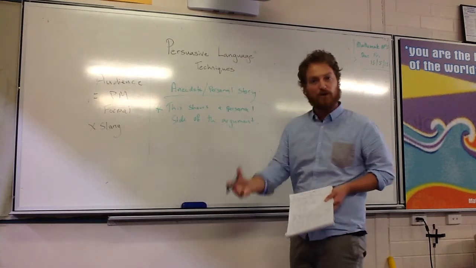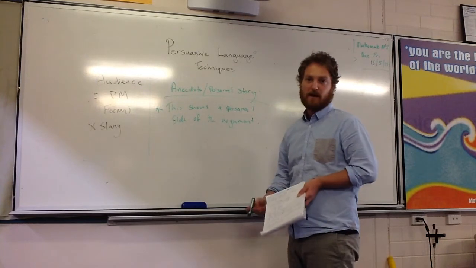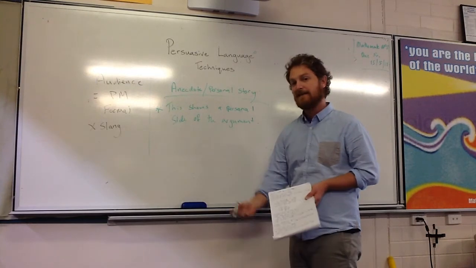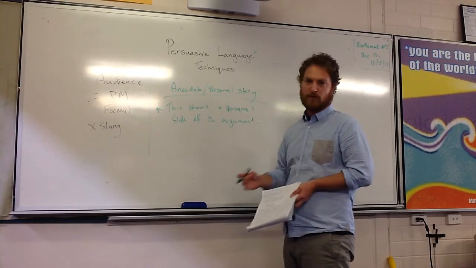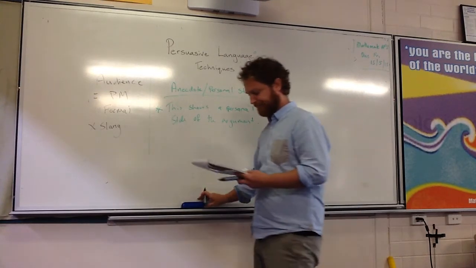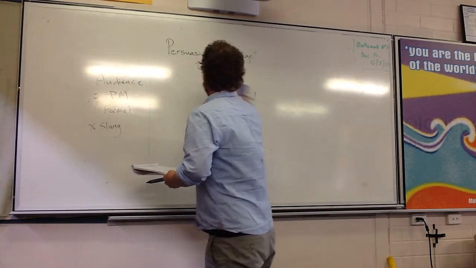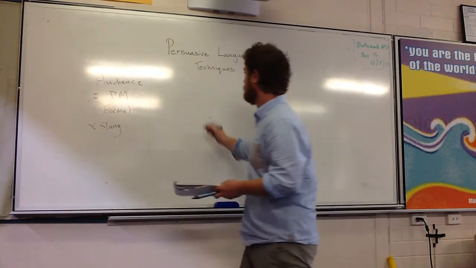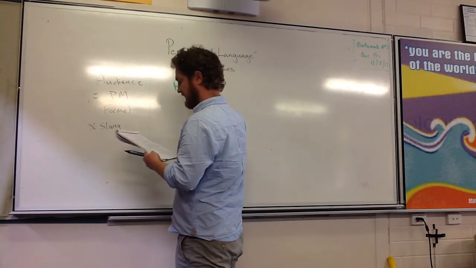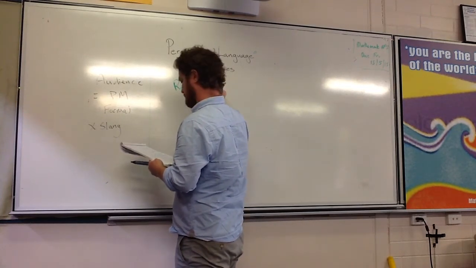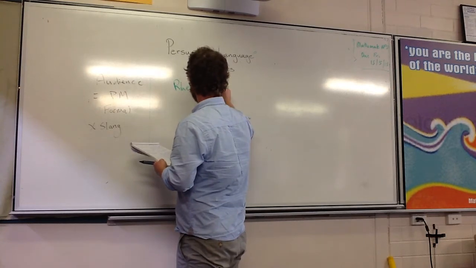It will show a personal side of the argument. By giving a story, it might be a sad story, you might be able to connect with the reader by making it a personal issue for them. This one is an excellent one to use in all types of persuasive writing, and it comes up quite a lot.